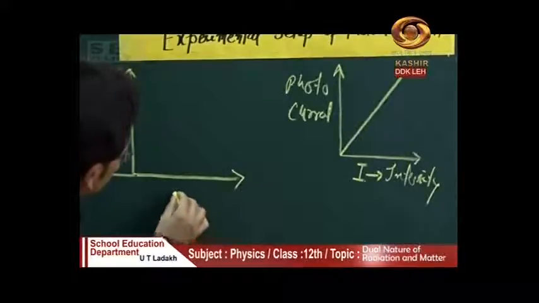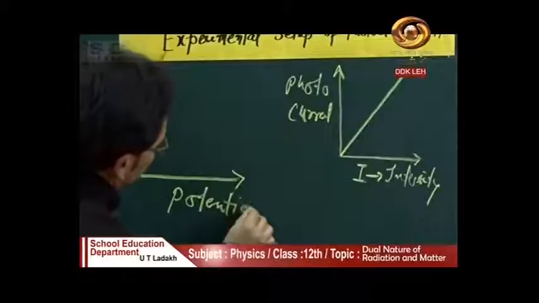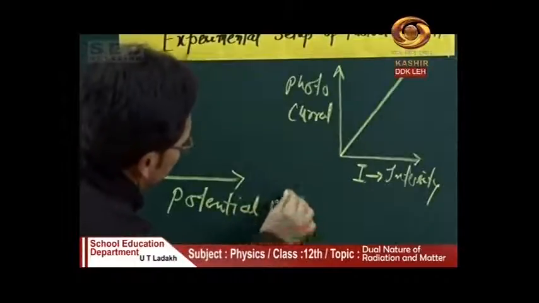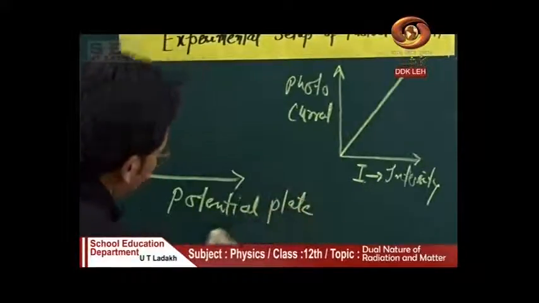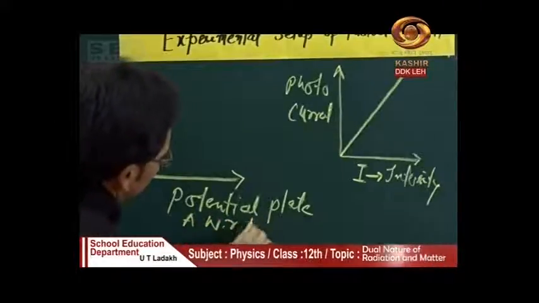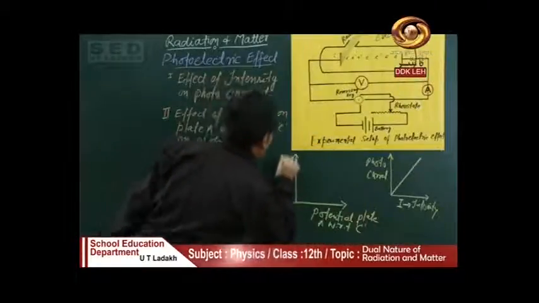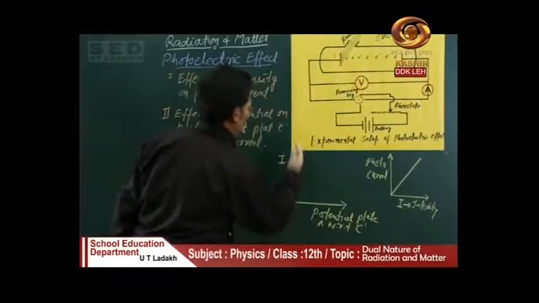This side is the potential of plate A with respect to C, and यहाँ पे हमने करंट लिया था, फोटो करंट.